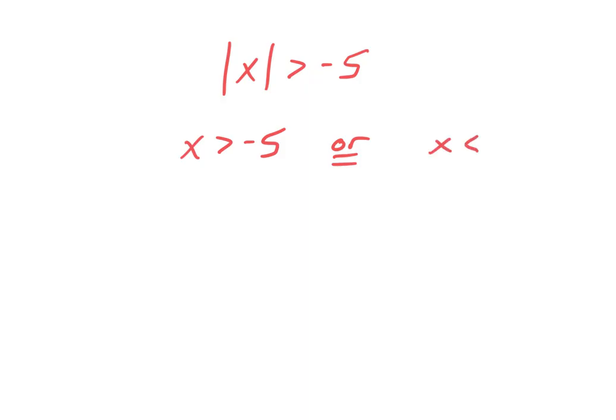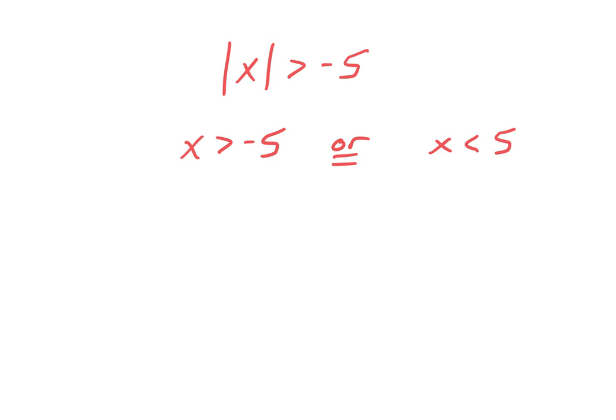The other one would be, what if I had something like this? If I did my two inequalities here, my first one would be absolute value of x is greater than negative 5, or I could flip it and make it less than positive 5.